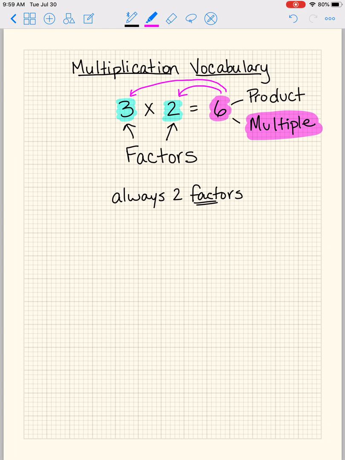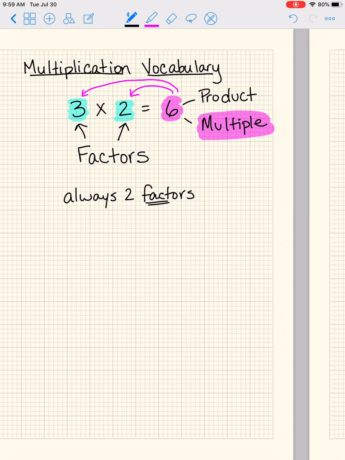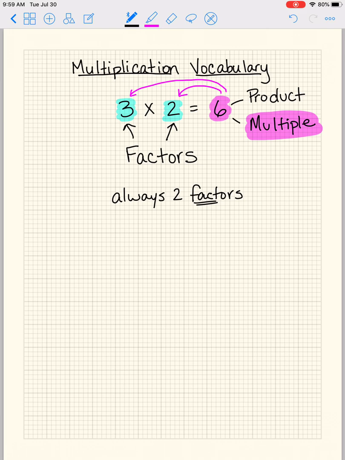So it can be called the product, which means answer to a multiplication problem, or multiple. Now, when we are being asked to find the multiple of a number, we're going to be looking at one of the factors.